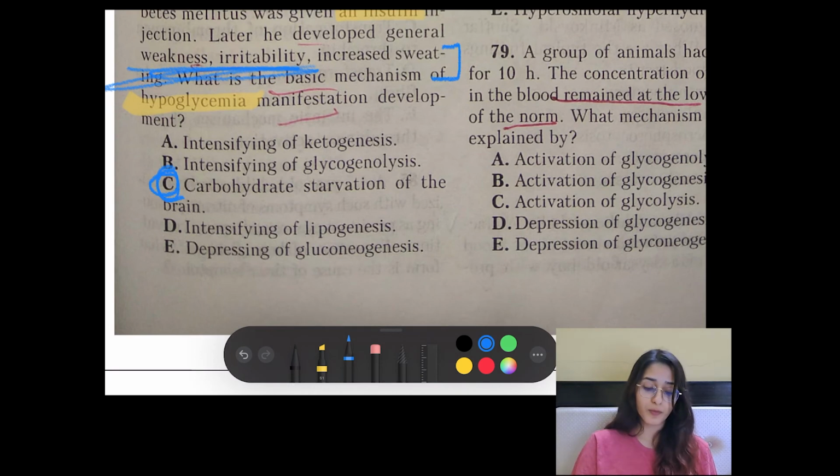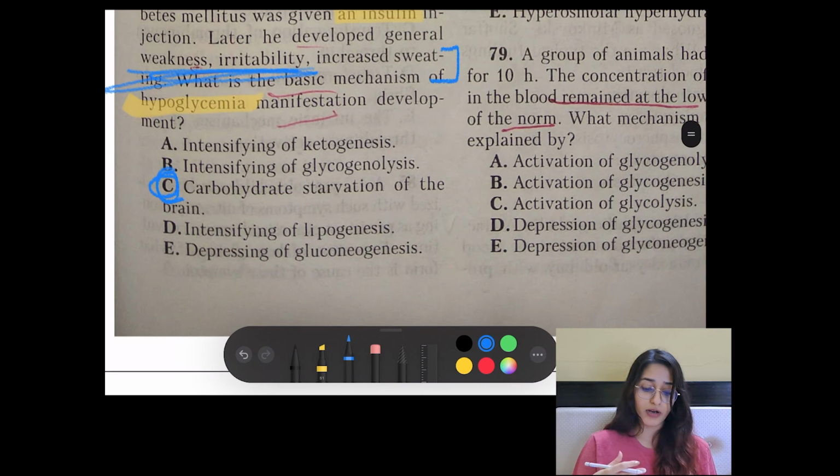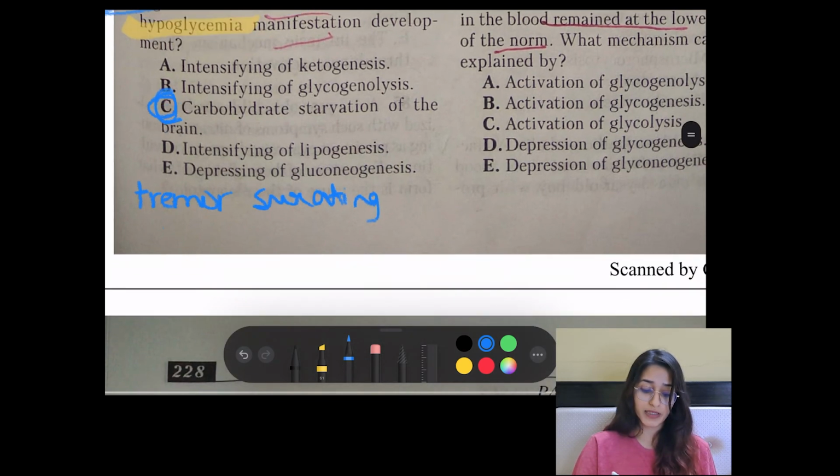Now another important point that I want you to remember is that for hypoglycemia there develop signs of tremor and sweating. Tremor is basically due to beta stimulation, and sweating, although it is sympathetic, is mediated by M receptors. So if we give a beta blocker to a diabetic patient, the main symptom of hypoglycemia, tremor, will not be there.